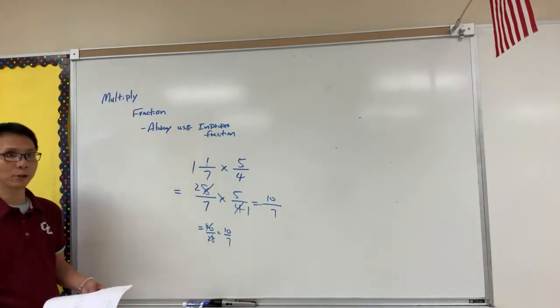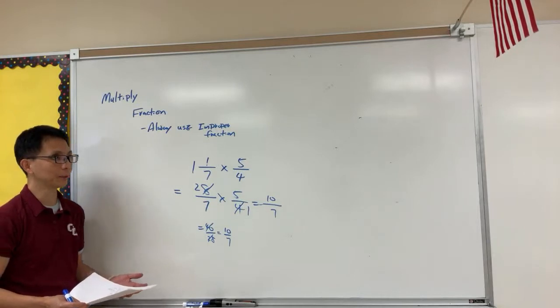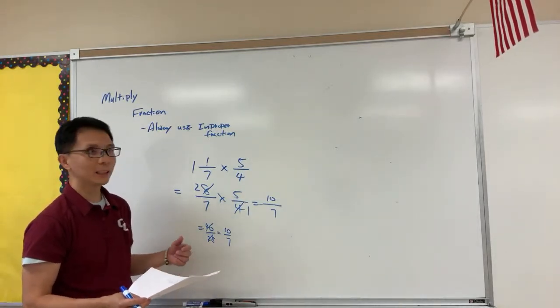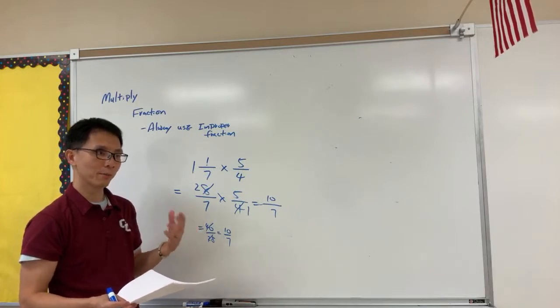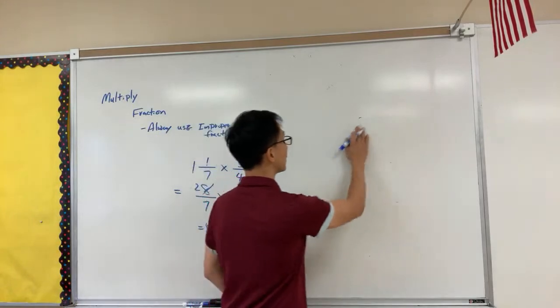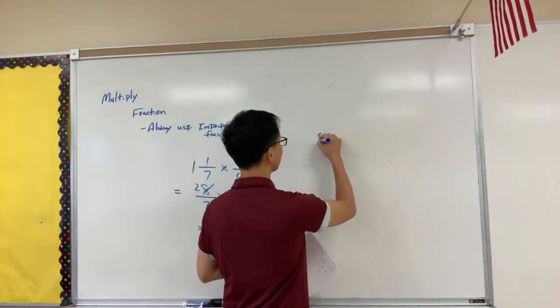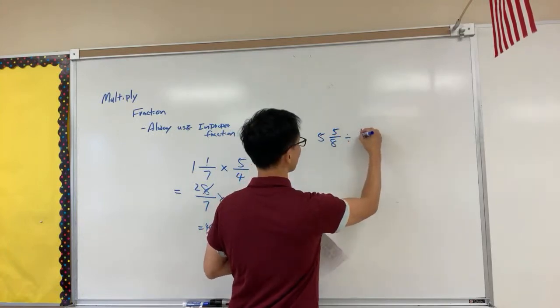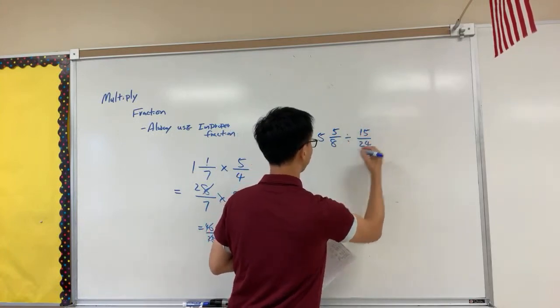Now, since we're learning multiplying, we're also going to learn dividing. Dividing is the same thing. The only thing you have to remember in dividing is to multiply by the reciprocal. Okay, so here's a question that I put on my test: 5 and 5/8 divided by 15/24.